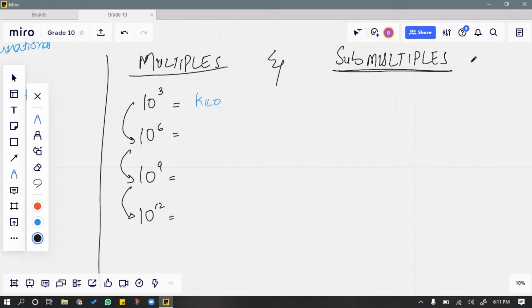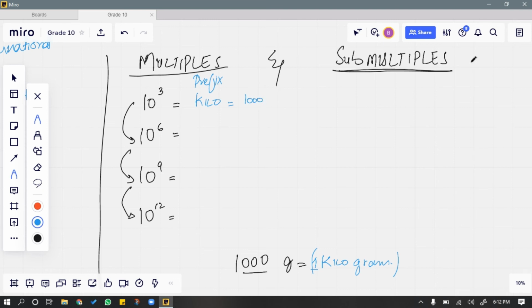For example, if you're mentioning that we had 1,000 grams, instead of writing 1,000, we use a prefix, which is kilo. So you say it's kilograms. Instead of writing 1,000 grams, you write 1 kilogram, which is more precise and more accurate. So that's why we are using prefixes. So here the prefix is equal to 1,000.